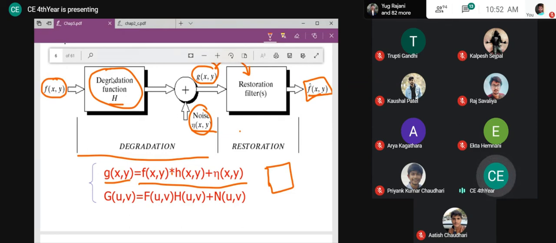It will look blurred, right? So we can emulate that degradation function using the blurring effect or smoothing effect, by that window of 1 by 9. If I'm using a window of 1 by 9 or 1 by 5, that depends on how much focus you have missed, right?